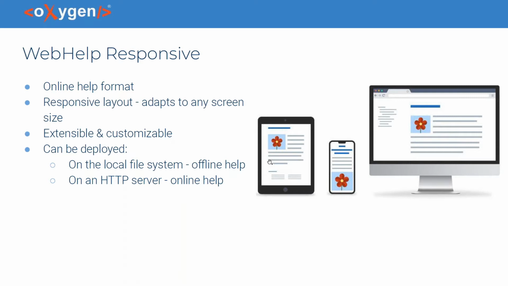WebHelp Responsive is a form of online help that consists of a series of HTML5 web pages. It offers a very flexible layout and it is designed to adapt to any device and screen size to provide an optimal viewing and interaction experience.